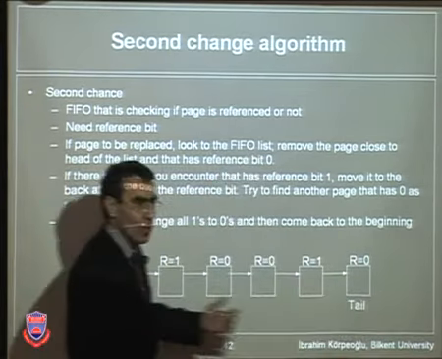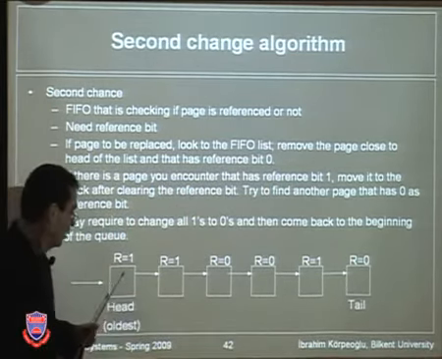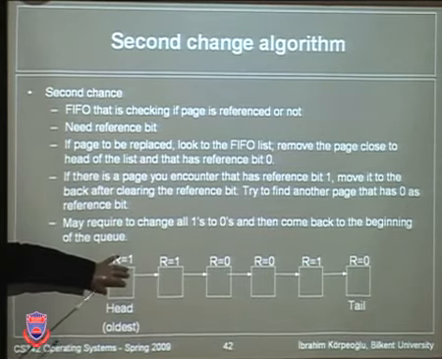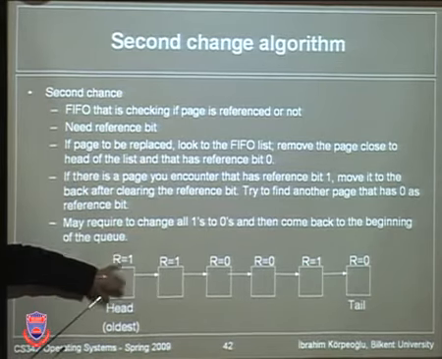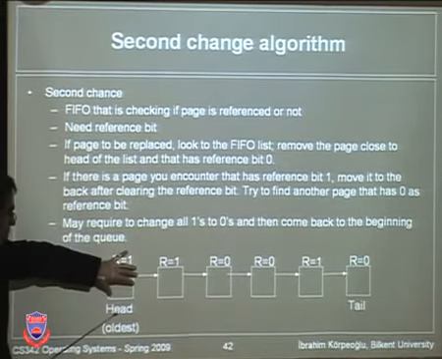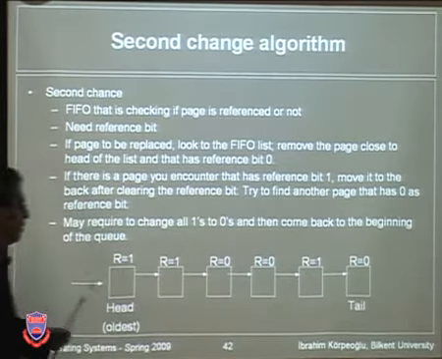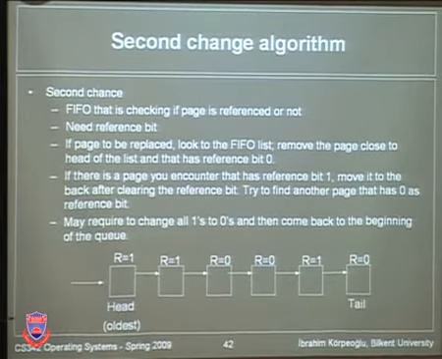So the head of the queue is the oldest one, okay? So all the new pages are added to the tail. So then you will replace that one. So that page will be removed and a new page will be added here. So this can be, for example, the FIFO algorithm.